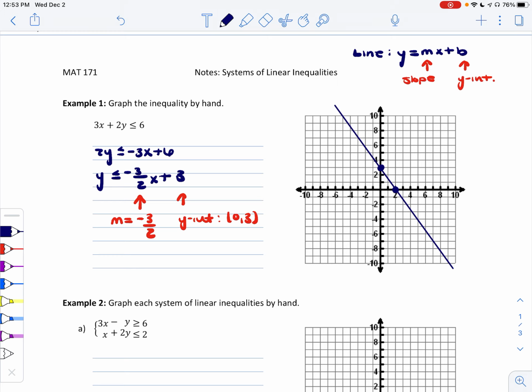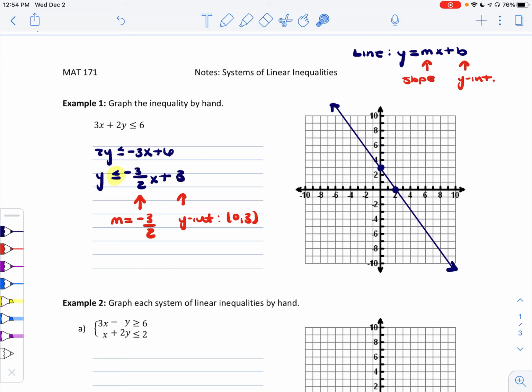All right, so now after we have our line graphed, then we worry about the inequality. So in this case, we're looking for where this function is less than or equal to 6. So when we have that less than or equal to, remember less than graphically means below.